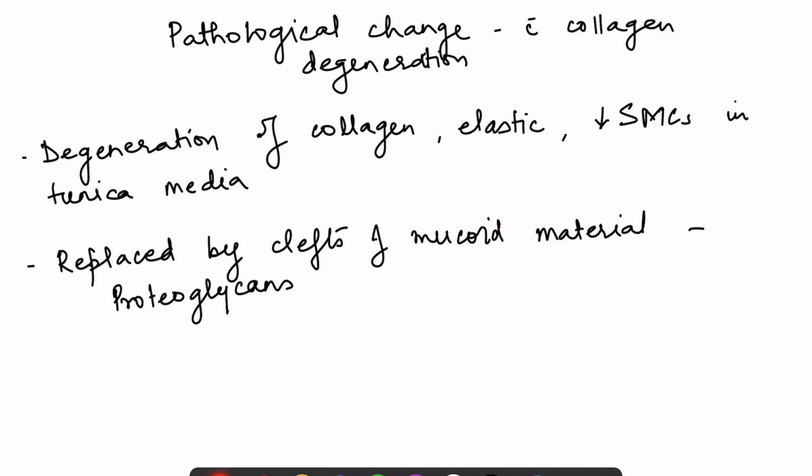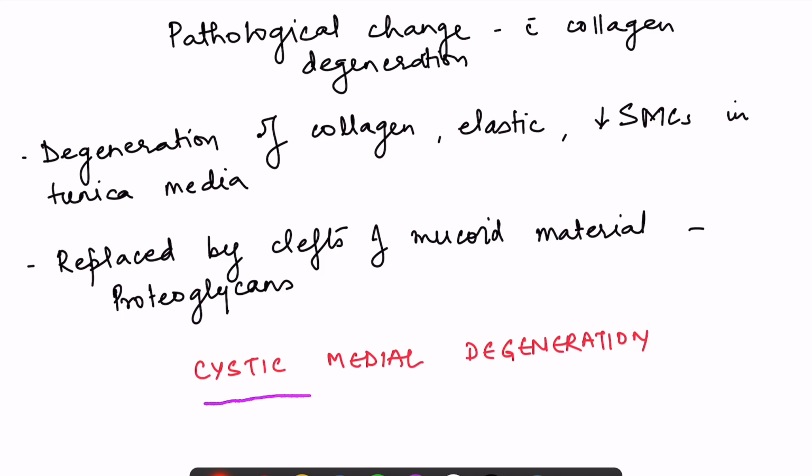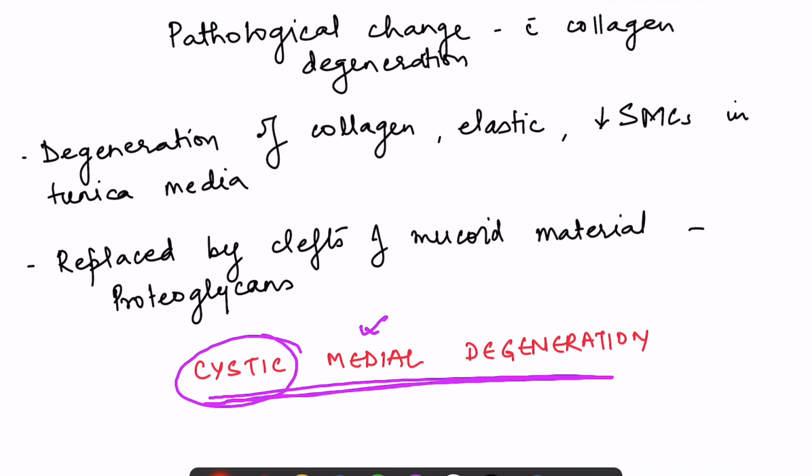Now, before we proceed to the causes, just one important thing I want to discuss here, that the pathological change which is seen in aneurysmal dilation is known as cystic medial degeneration. Cystic medial degeneration. Actually, there is nothing cystic about it. It is the degeneration of the tunica media. So, there is loss of the smooth muscle cells.